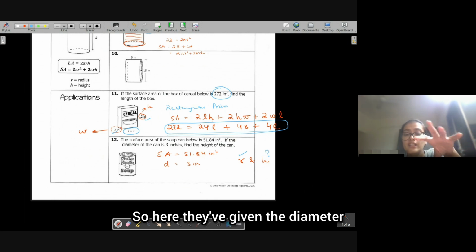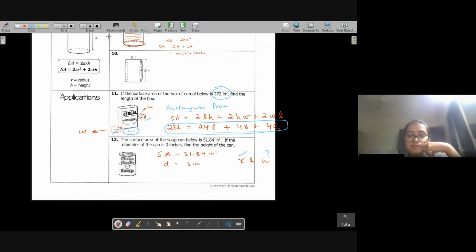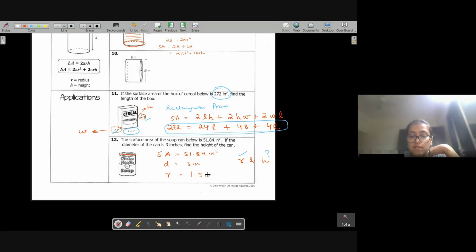Here they've given the diameter, so from the diameter, we can find the radius. Diameter is 3 inches, so what will be the radius? 1.5 inches.